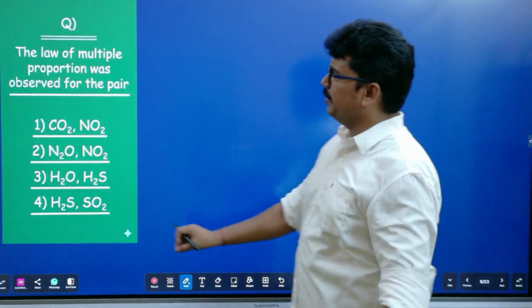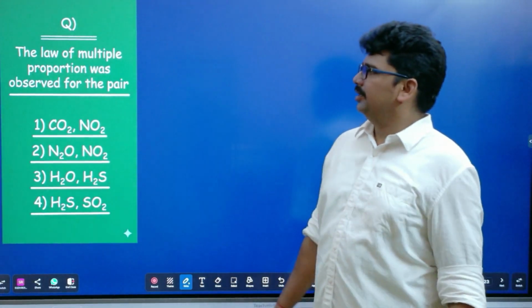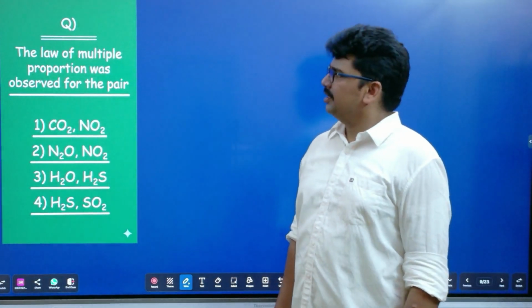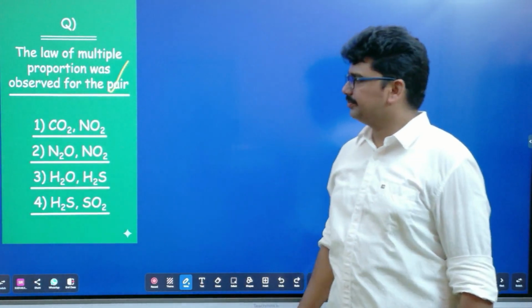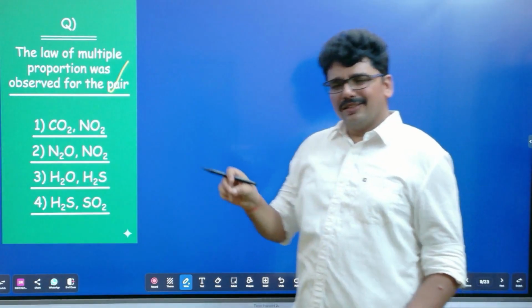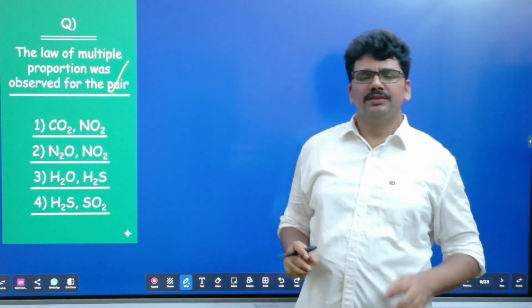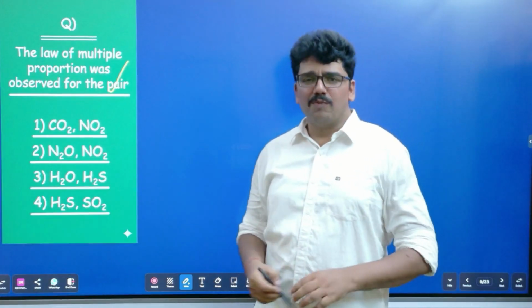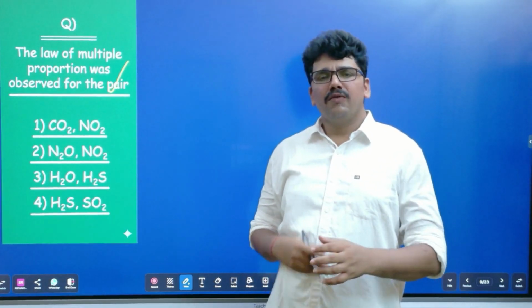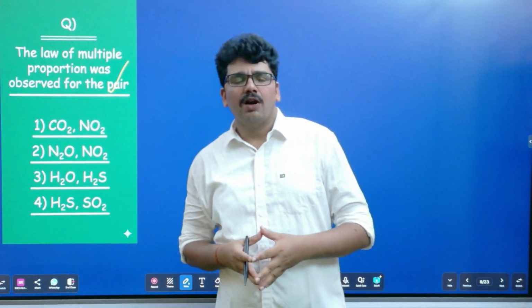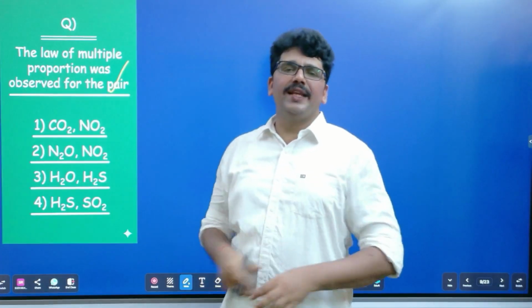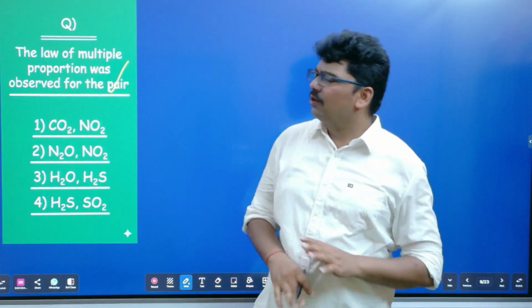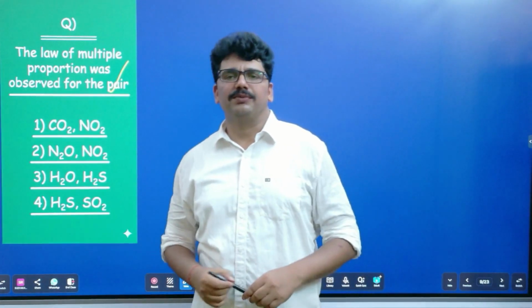Next, based on the law of multiple proportion, a simple question. The law of multiple proportion was observed for the following pair. Here, a small trick: whenever two elements are combined, or the complete problem is in terms of just two elements, no doubt that is the law of multiple proportion.